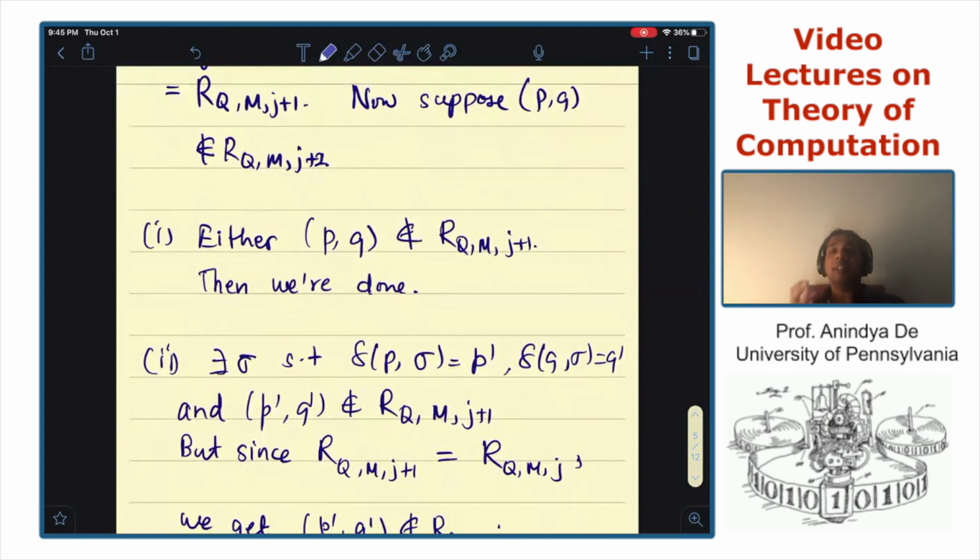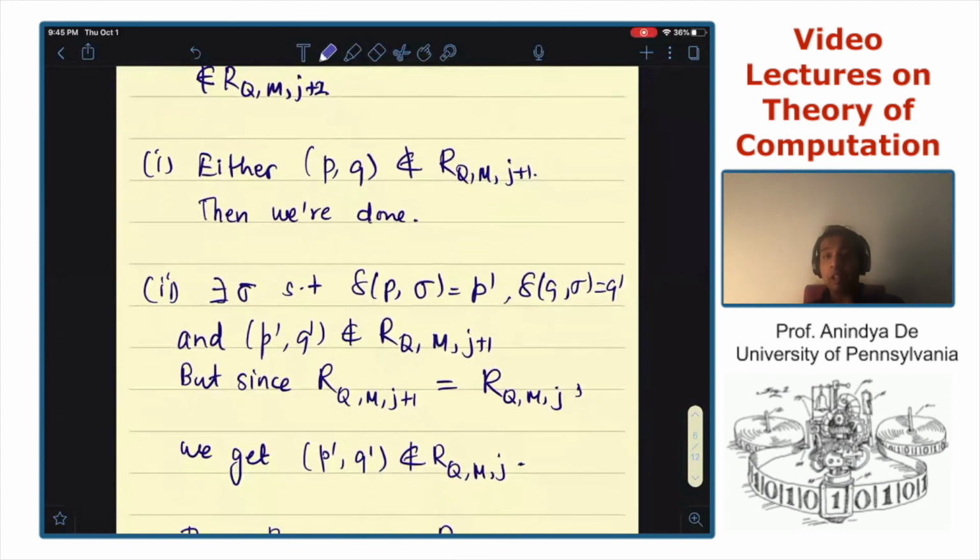But observe that by our hypothesis, R_{Q,M,j+1} is the same as R_{Q,M,j}. So p prime and q prime will also be in different equivalence classes with respect to R_{Q,M,j}.